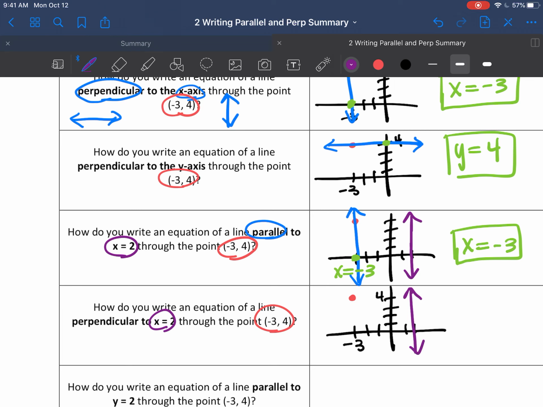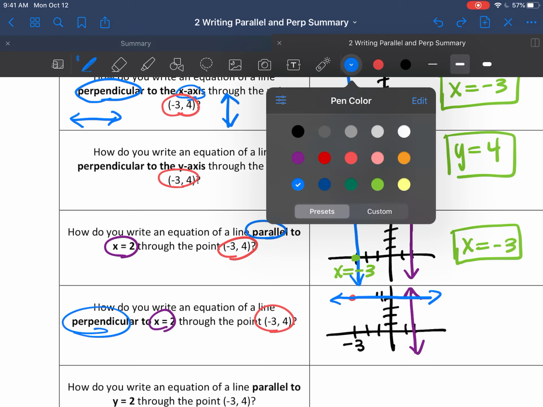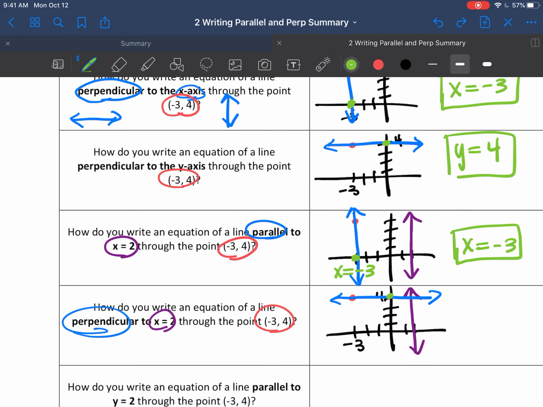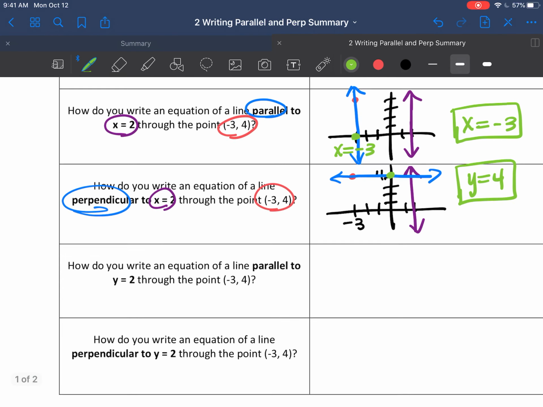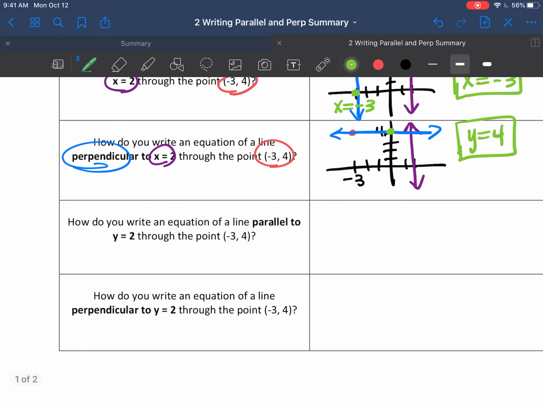It's a vertical line right there. And so this time we want perpendicular to it. That means it's got to go this way. And so it crosses at y equals 4. It's a horizontal line. Remember, y equals for horizontal lines, x equals for vertical lines.